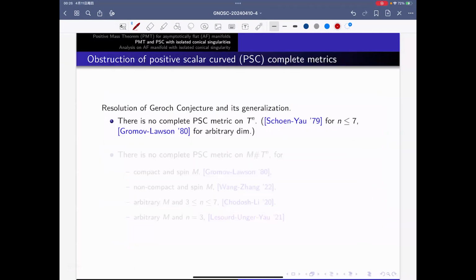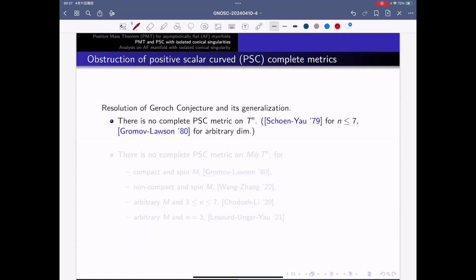Okay, so then our next result is about the non-existence of a positive scalar curvature metric with conic singularity. So first recall the classic obstruction of positive scalar curvature metrics for the complete smooth metric.